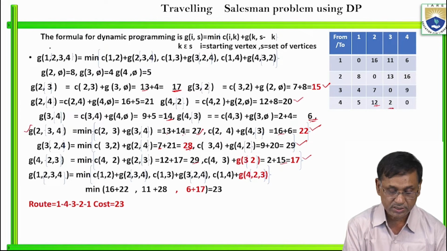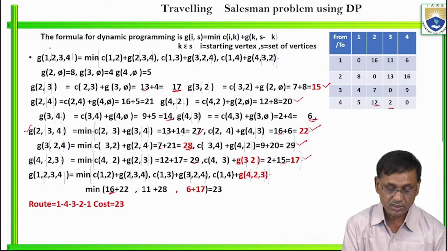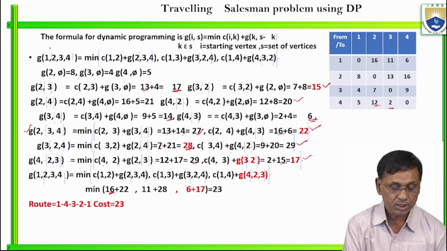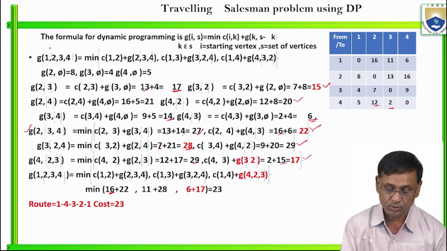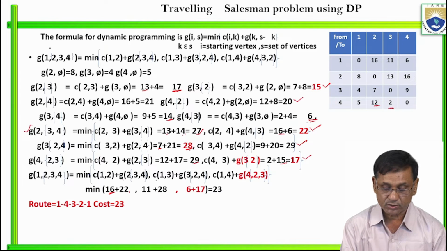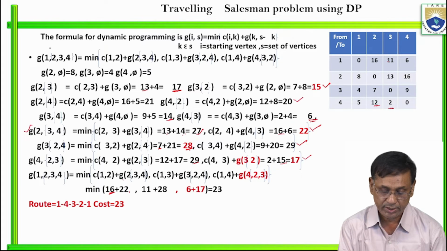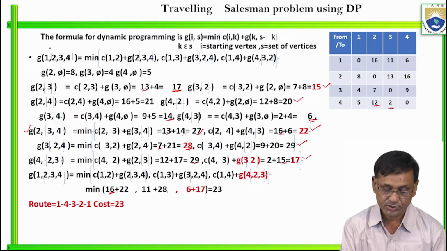So in the first case, c of 1 to 2 is 16 and g of 2 comma set of 3, 4 is equal to 22. So 16 plus 22 is 38. Next, cost of going from 1 to 3 plus g of 3 comma set of 2, 4: 1 to 3 is 11 and this value is 28.